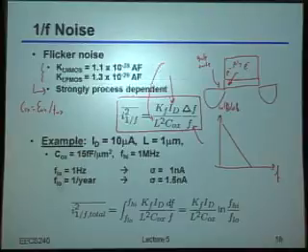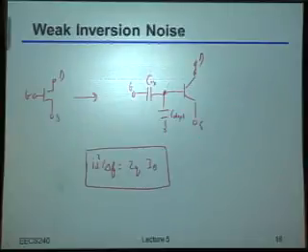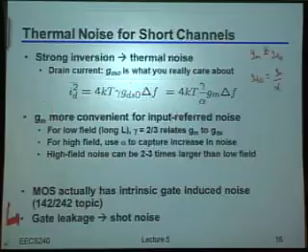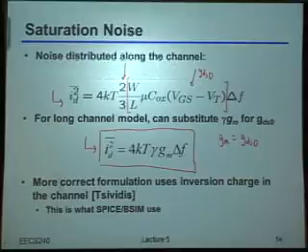Let me give you guys a hint. What was the long channel MOSFET drain current versus dimensions and voltages equation? What terms were in there? I'll maybe even go back to this slide right there. So what pops up in that?